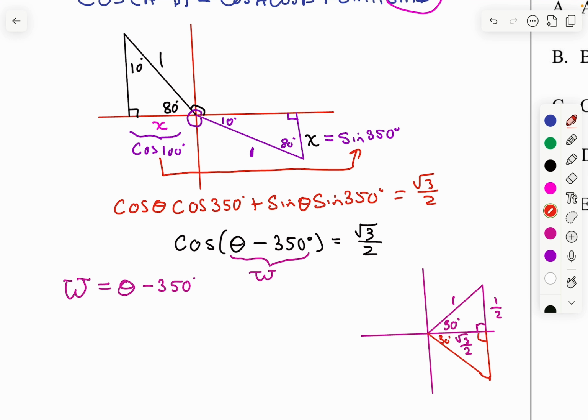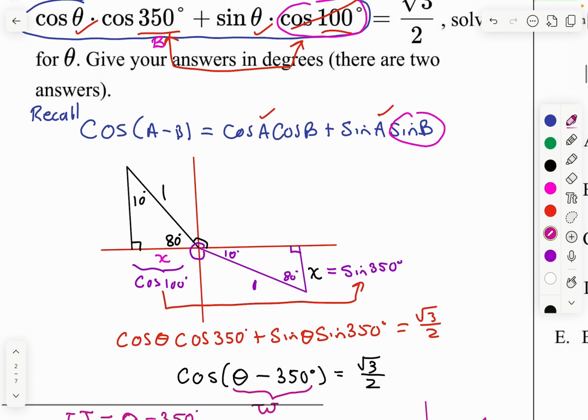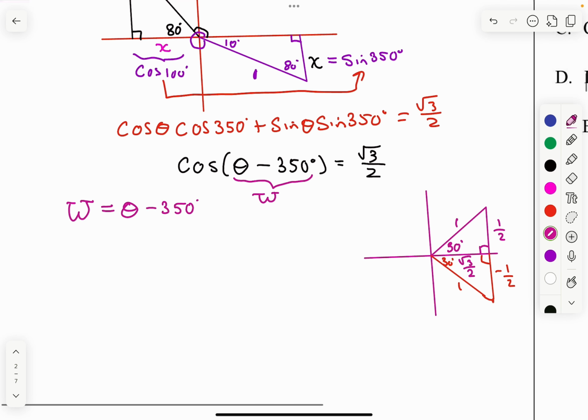I'll just put that reference angle in. That would be negative a half. Of course, that's a 1. So now I know this W. Theta is only supposed to be an angle between 0 and 360. But look in our diagram. W can be 30 degrees, so let's start there. If W is 30 degrees, the cosine of 30 is root 3 over 2 from our diagram.